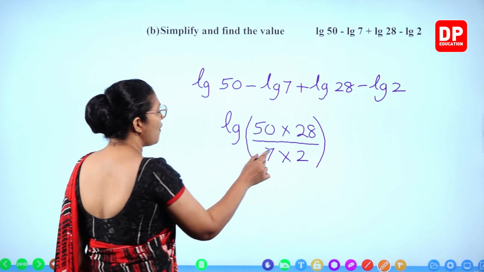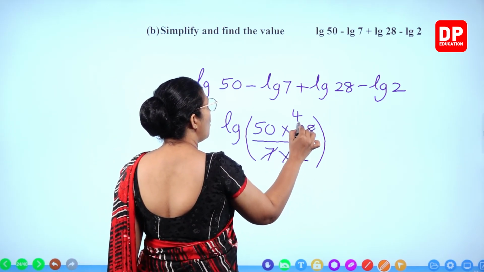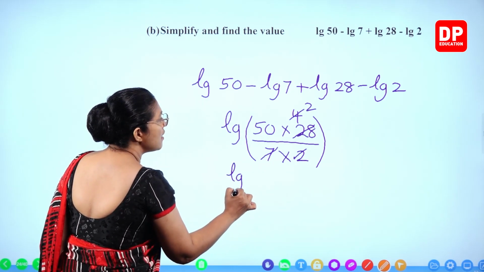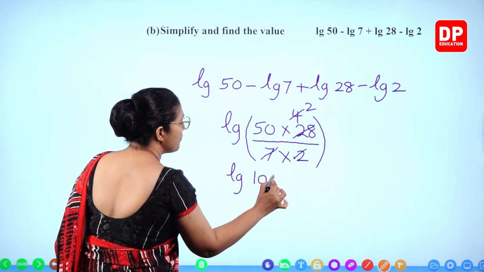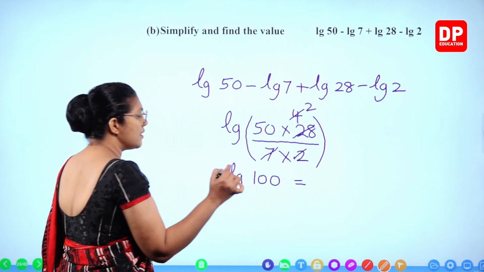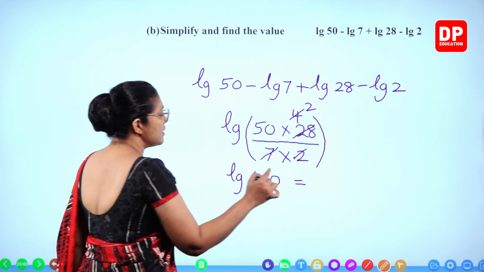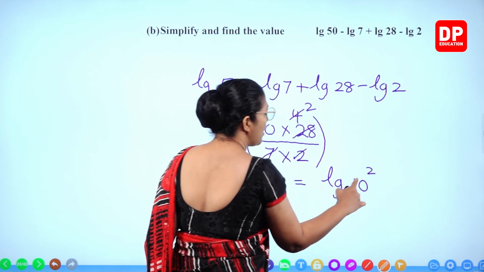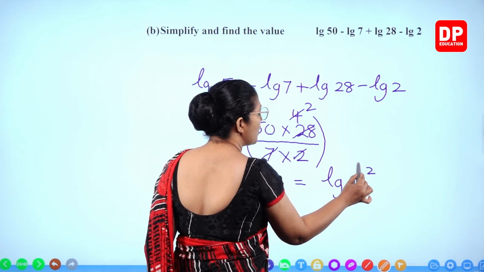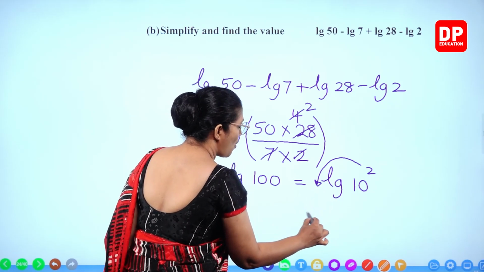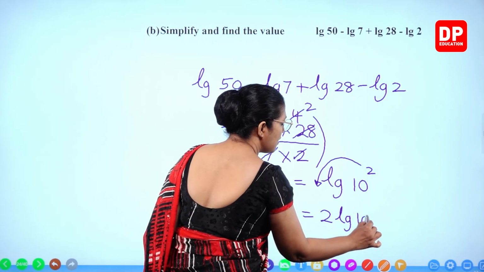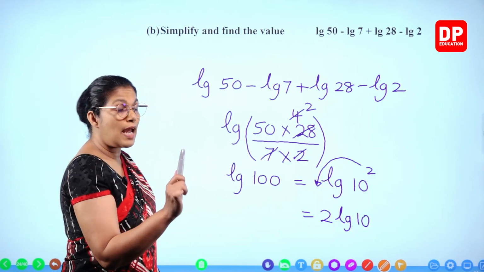Now you can simplify 7 times 4, 2 times 2, LG 50 times 2 is 100. So what is 100? 100 means 10 to the power 2. LG 10 to the power 2. But we know when there's a power, you can take that out from the log sign. So you get 2 LG 10. Now LG means log 10 base.